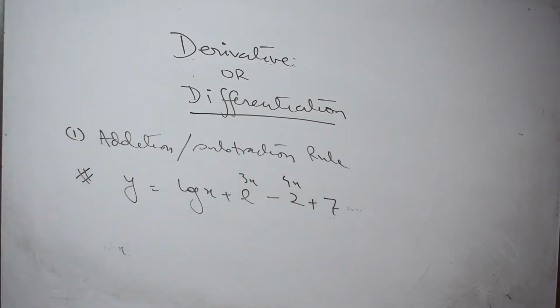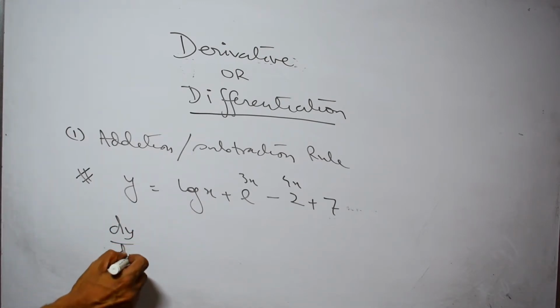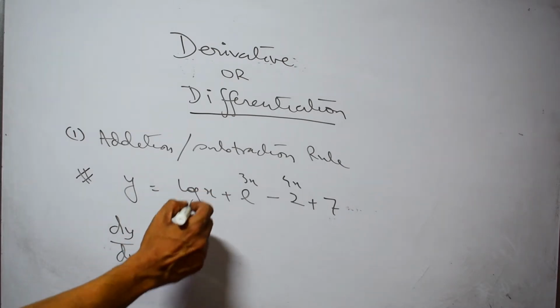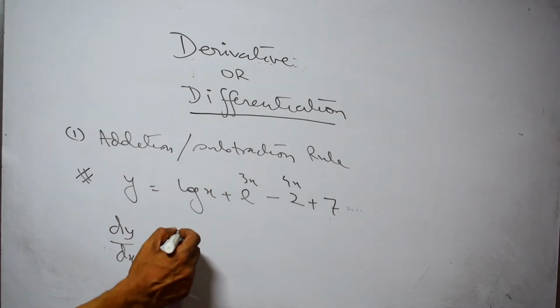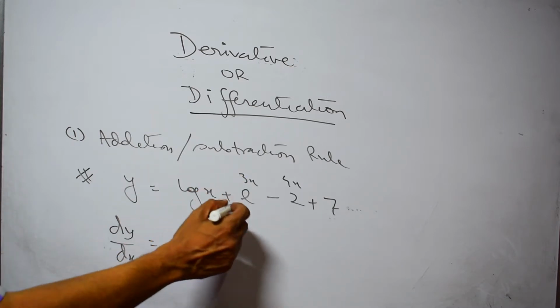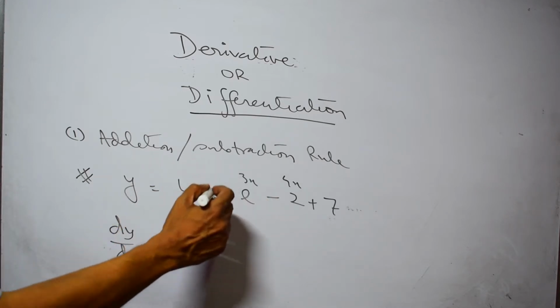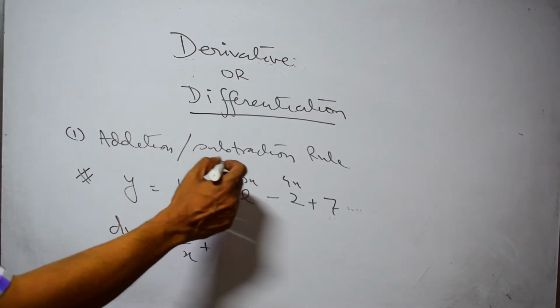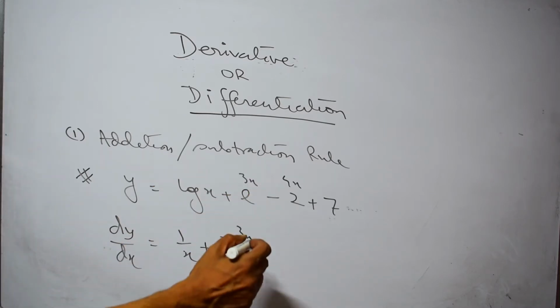To find dy dx of this expression, the derivative of log x is 1 by x. Then for e to the power 3x, using the formula e to the power kx, it is 3 e to the power 3x.